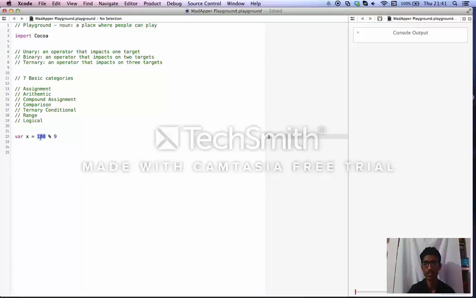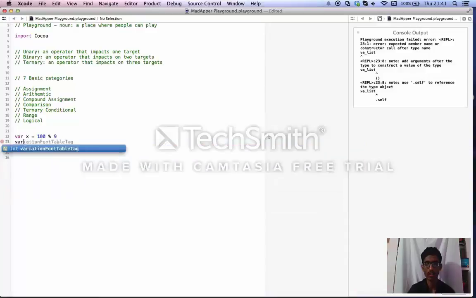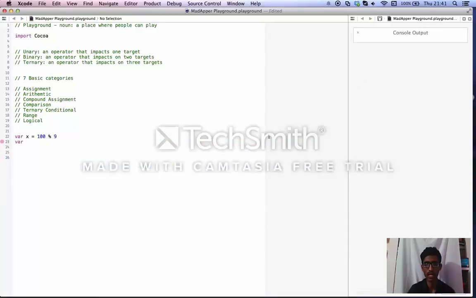You may be familiar with this from Objective C and C and so forth, but actually there is a difference in Swift. I will show that. So I've gone var a, and I say that is equal to 7, and I'm going to say modulus, and this is where the difference is.